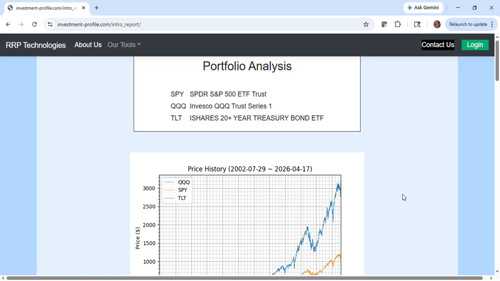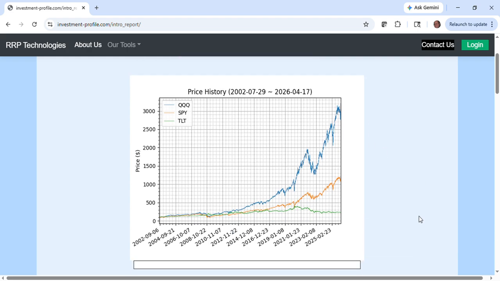This is the final report. And what you see at the top here is a list of the ticker symbols that are in the portfolio. The first graph covers a time period from 2002 to 2026, and it gives prices for the three tickers in the portfolio.